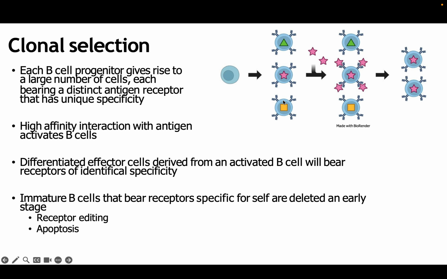That's called clonal selection, because you're literally selecting one clone to be the one producing one type of antibody that's able to bind perfectly to whatever you're being infected with. The rest that are not binding, so this red triangle, this green triangle, it dies, this one also dies. It's only the ones that are able to bind beautifully with a high affinity.